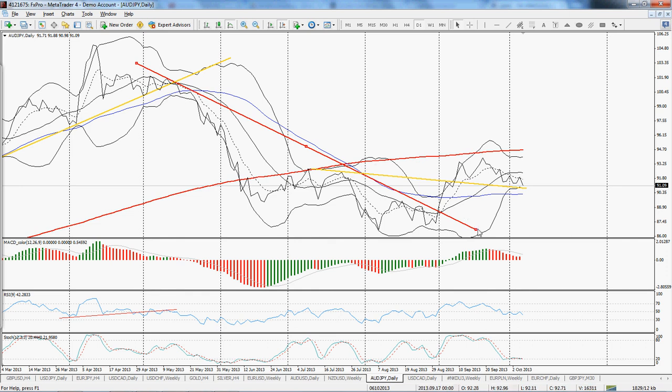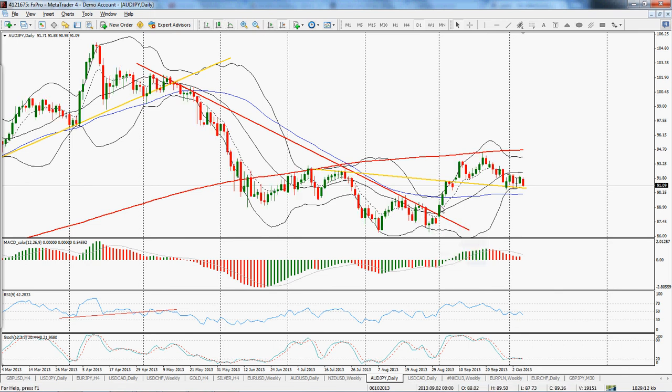This gives me an even better trend line, a better resistance line. See, this is the break through that line. That gives you a lot of advantage if you plot it like that and you really use it. Okay, good.